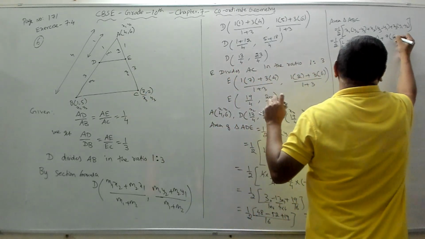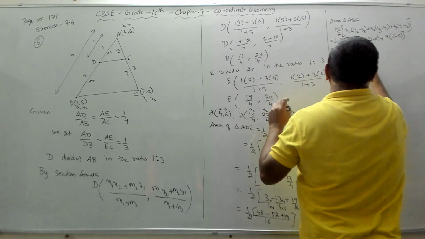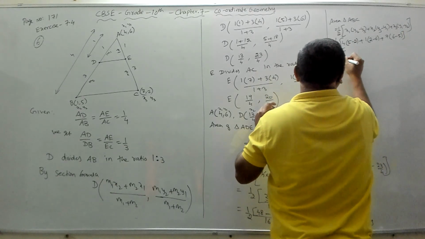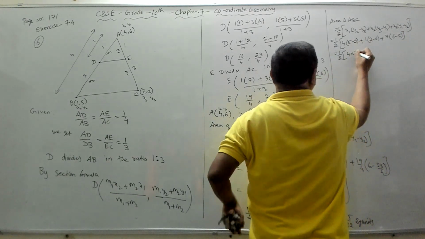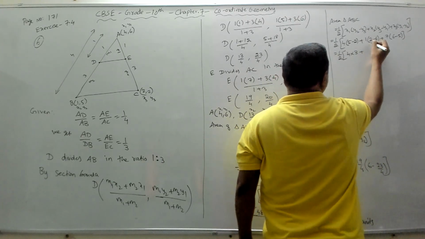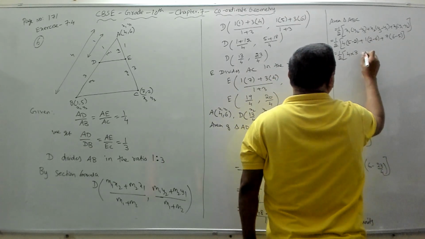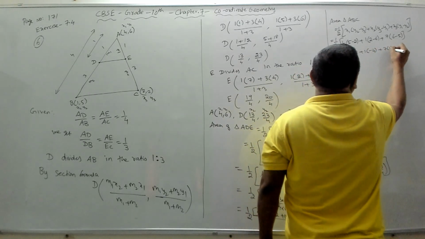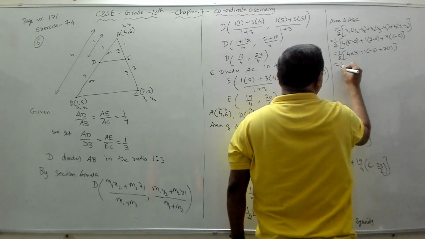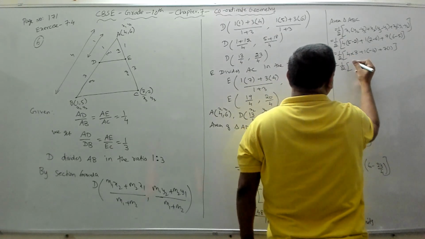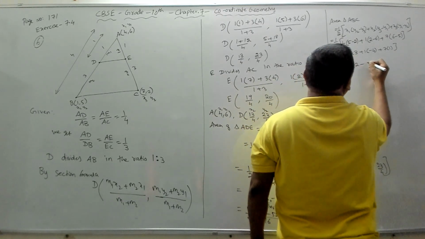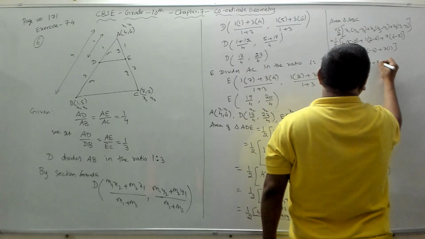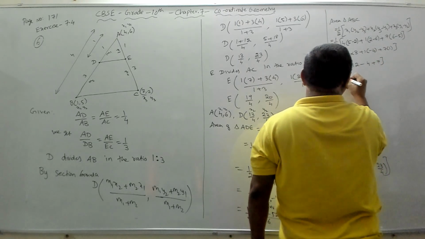So 6 minus 5. So that gives you 1 by 2 of 4 into 5 minus 2 is 3, plus this is minus 4. So plus 1 into minus 4 plus 7 into 1. So that gives you 1 by 2 of 4 3s are 12 minus 4 plus 7.